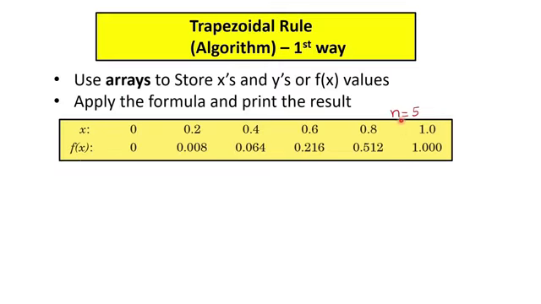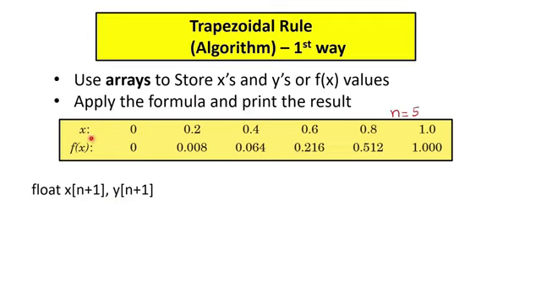Currently the value of n, the number of subintervals, is 5, but we need to store 6 values for x and for y. That means we need arrays of size n plus 1. So n is 5, 5 plus 1 is 6. The size of arrays x and y will be n plus 1.